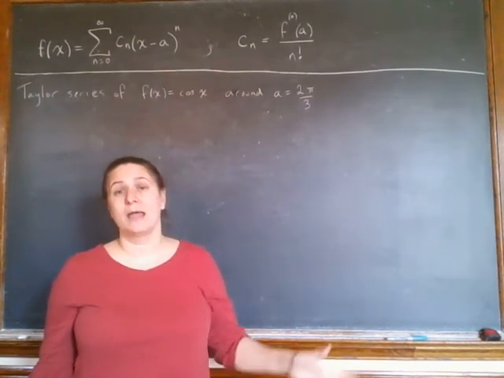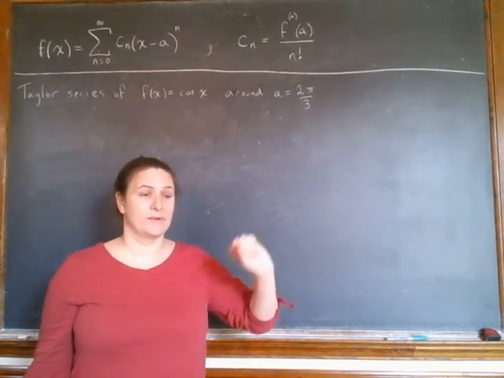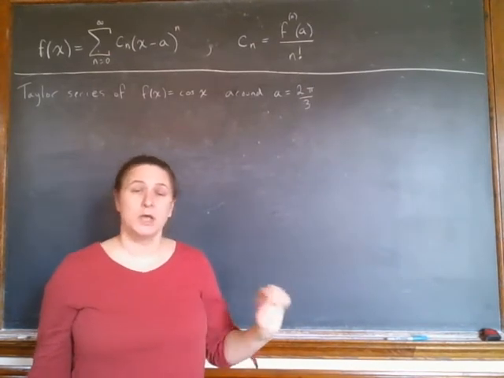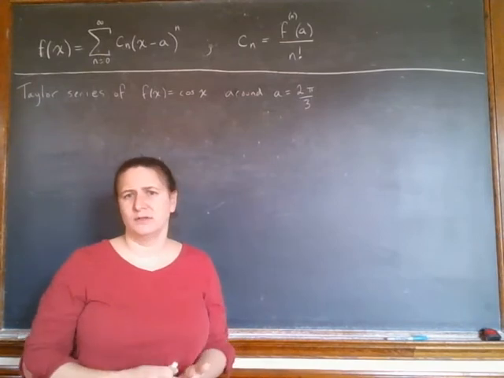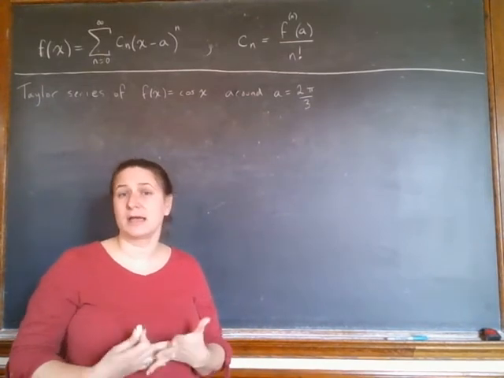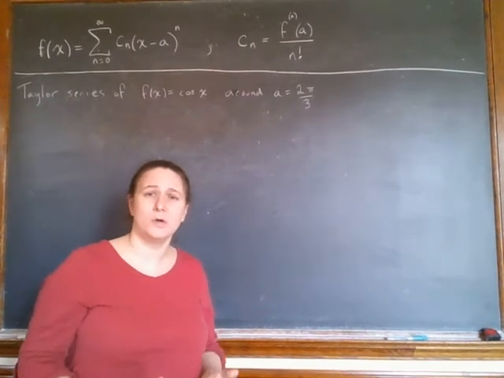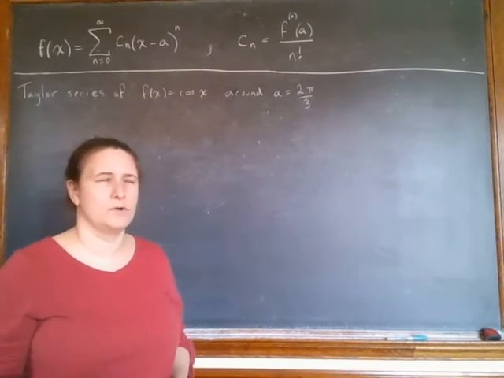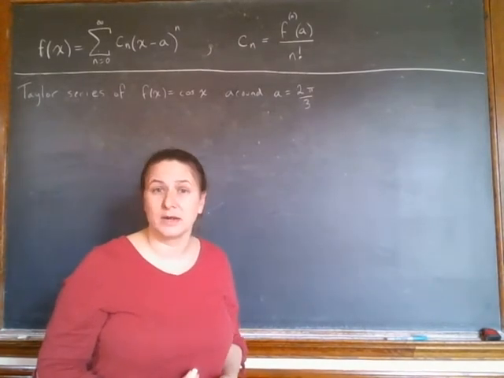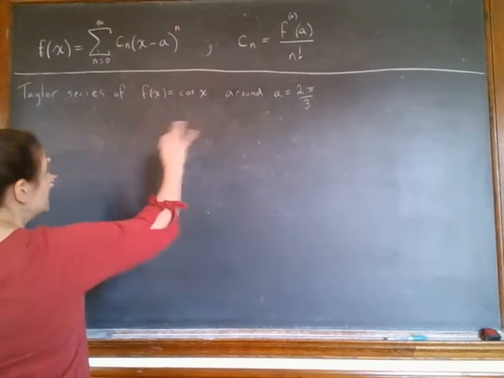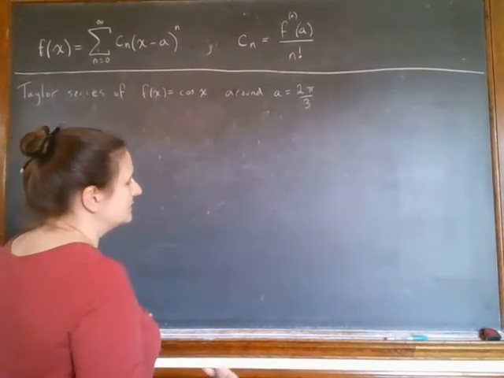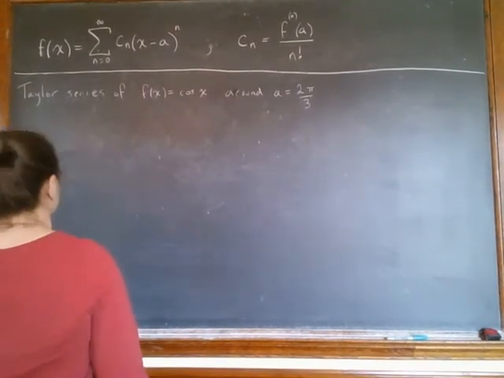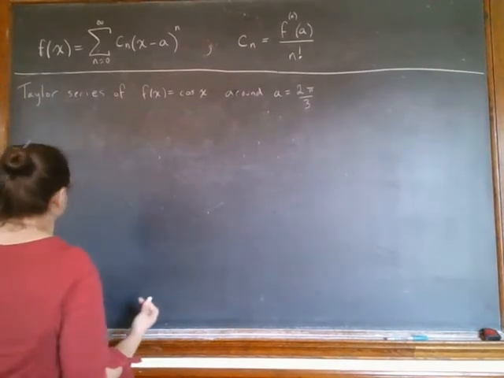So if you take a look at the video where we actually graph the approximations, you'll see the difference between the sine x around x equals 0, a equals 0, and sine x around, I think that was the a equals pi over 3 I did in that video. It's not the same series, but you're going to see a similar thing happen. If we graph this one, you see a similar behavior.